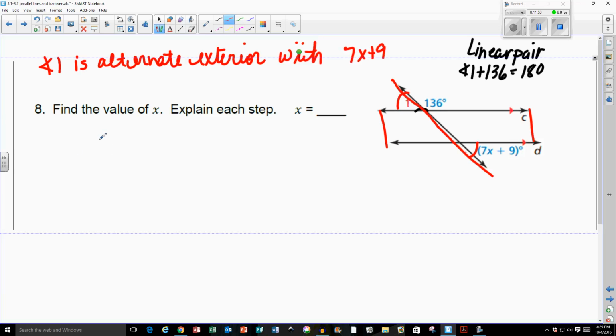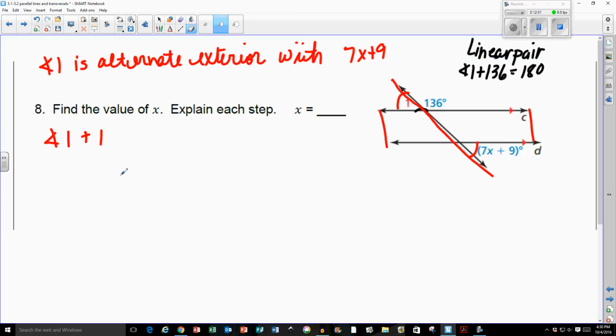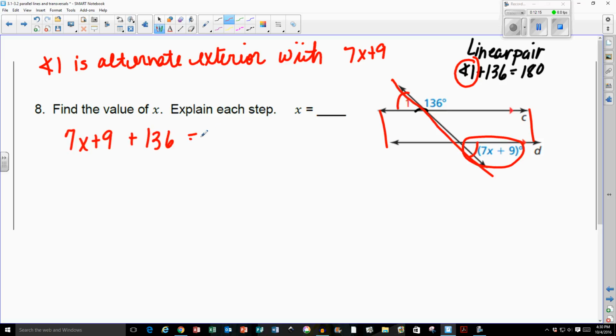So if angle 1 plus 136 is equal to 180, and angle 1 is the same thing as this, then I can say 7x plus 9 plus 136 equals 180. I can do it that way, or I can figure out what angle 1 is.